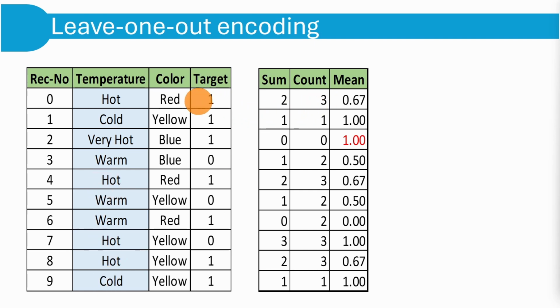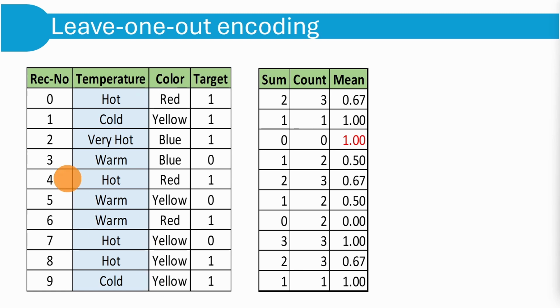And for the target also we won't consider this, but rather the target of the rest of the hot rows. So here is 1, here is 1, so there is 2. So the count is 3 and the sum is 2, and the mean is 2 by 3, 0.67. Which is different from the normal mean encoding, where we don't exclude this.